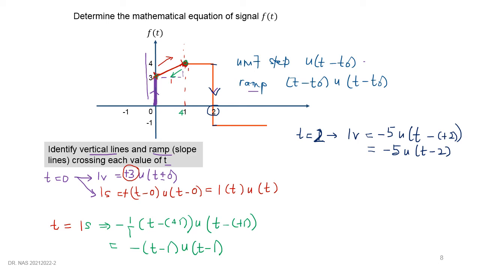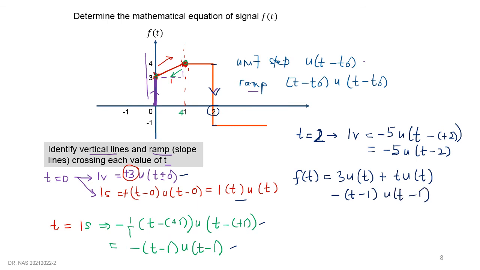So the final equation f(t) equals: this is the first component, 3u(t), and this is the second component, plus t u(t). Next, this one, minus (t minus 1) u(t minus 1), and the last component, minus 5 u(t minus 2).